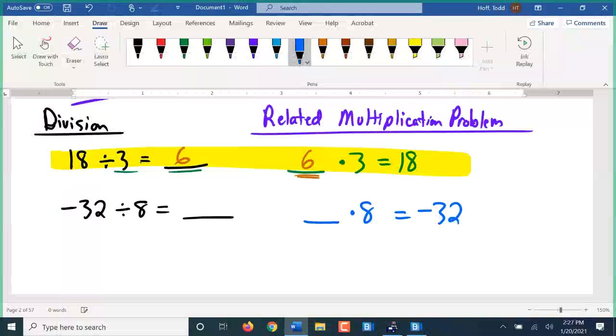Well, to get a negative result in multiplication, I need a positive number and a negative number. Right now, the 8 is positive, so this one has to be negative. And of course, what number times 8 is 32? 4. So negative 32 divided by 8 has to be a negative 4.